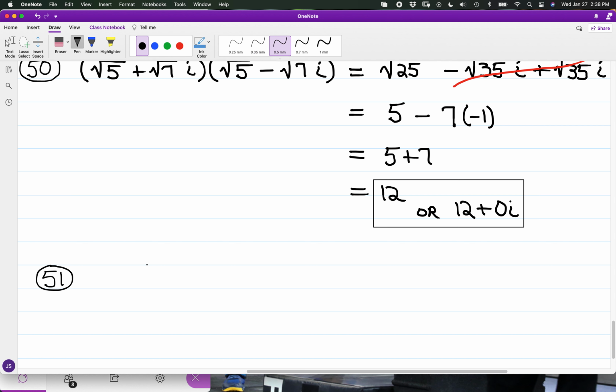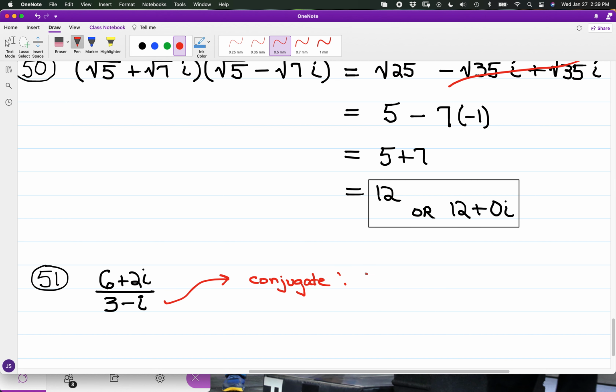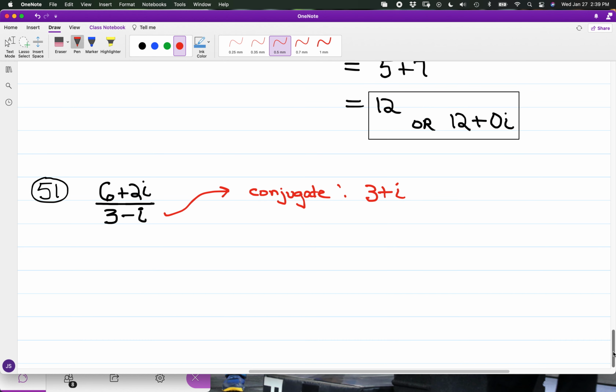Now, for number 51, we have a fraction: 6 plus 2i all over 3 minus i. Again, with the denominator, you have the conjugate, which is going to be 3 plus i.